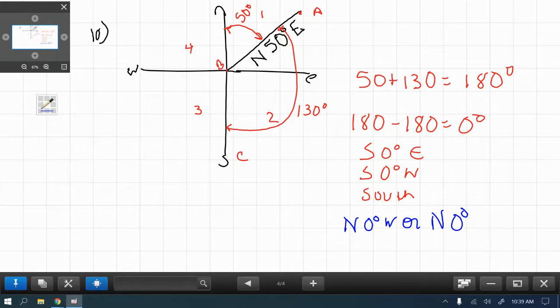I was told wrong. Okay, so what if this angle was 128? It was 128 instead of 130, so I'm going to throw another one.